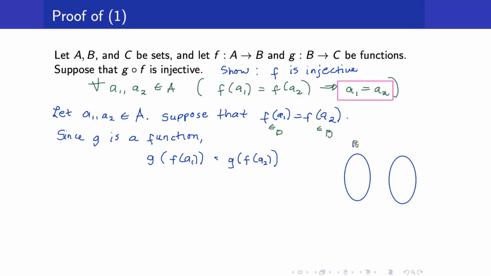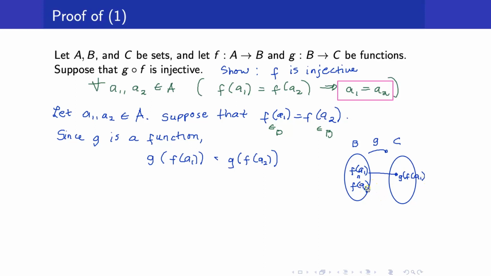This is B to C, and this is my function g. My f of a1 and f of a2 are elements of B. They are equal, correct? So therefore, by definition of a function, they should go to exactly one element. So this one will go to g of f of a1.